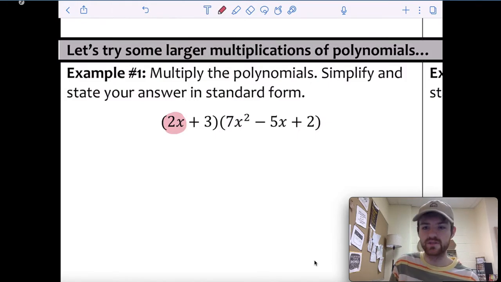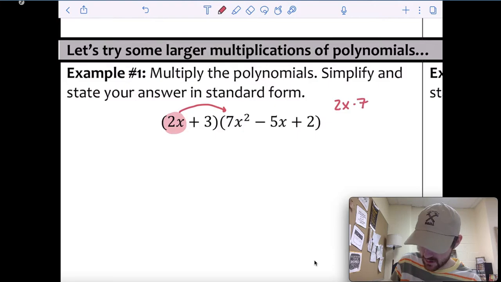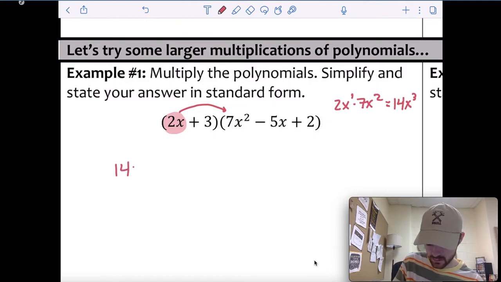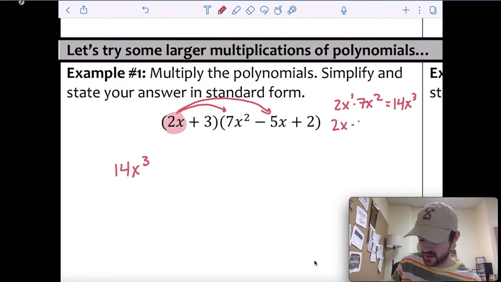We take the first piece, this 2x, and we distribute it. So we're doing like 2x times 7x squared. We multiply our coefficients, so 2 times 7 is 14. And then we add our exponents, so we have that invisible 1 plus 2, giving me x to the third. Then we do our next piece, 2x times negative 5x.